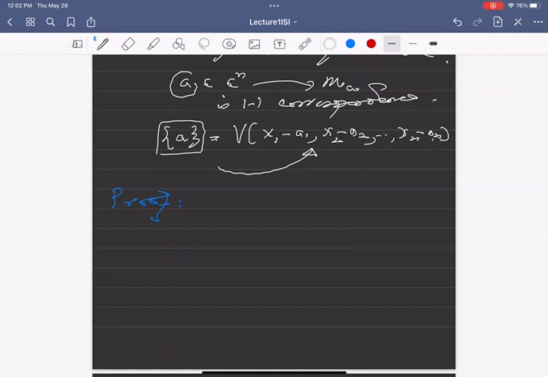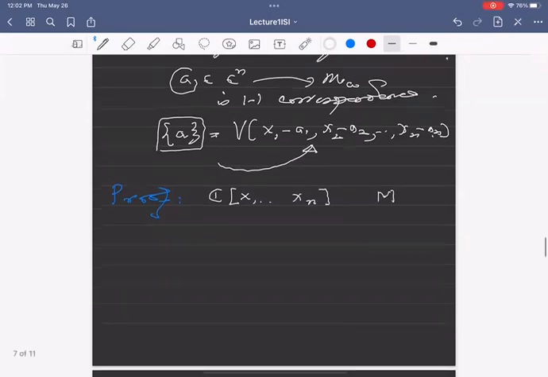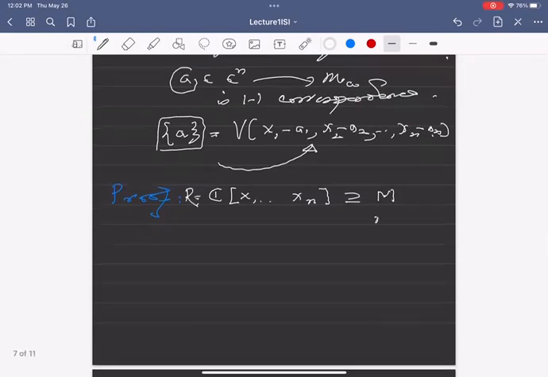So we want to somehow use this fact for the n equal to 1 case and derive the structure of maximal ideals for the multivariate situation. So take a maximal ideal. Suppose M is a maximal ideal of the ring of polynomials with complex coefficients in n variables. I want to show that this maximal ideal is generated by n linear polynomials, x1 minus a1, x2 minus a2, xn minus an.